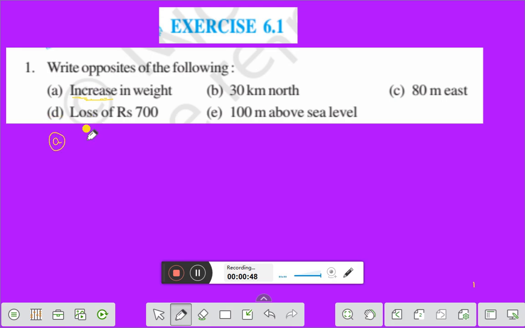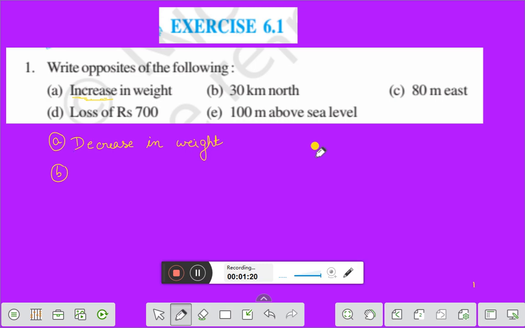Therefore, the opposite of this is decrease in weight. Decrease in weight.